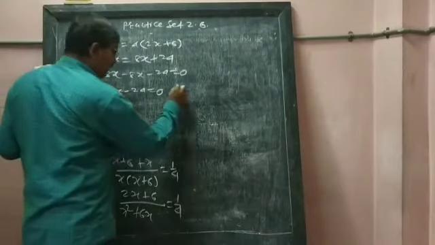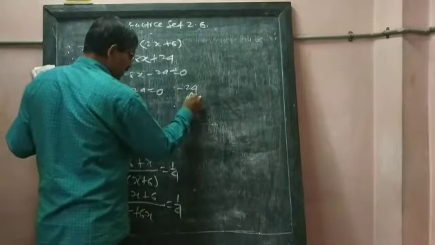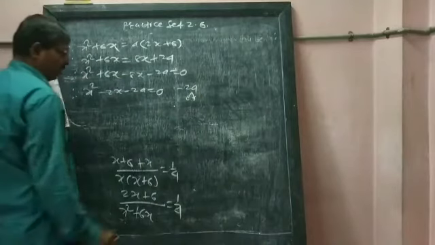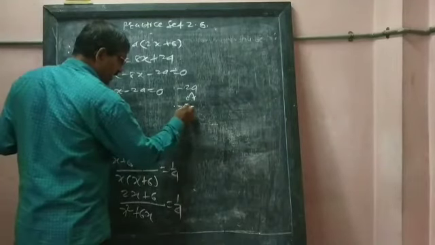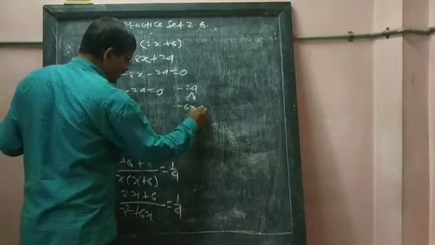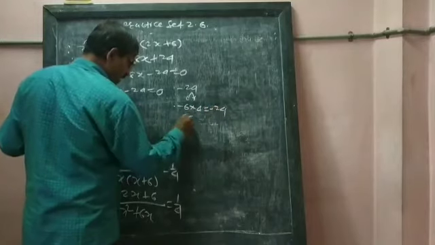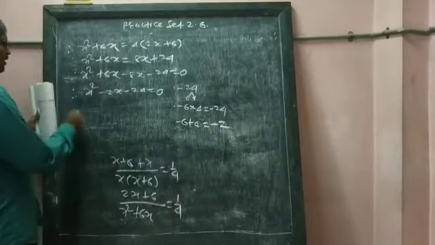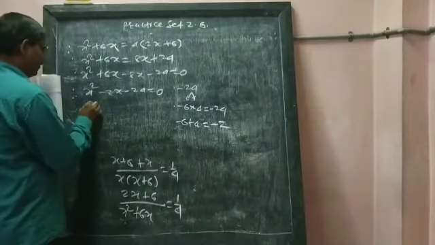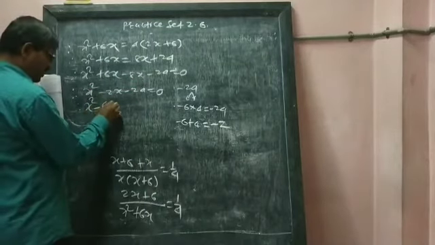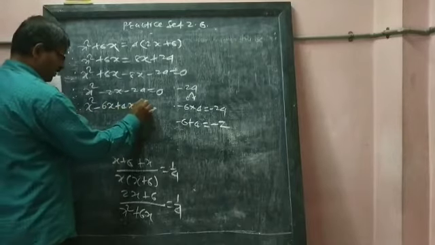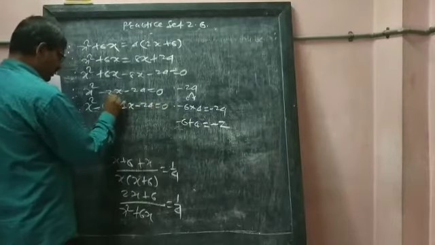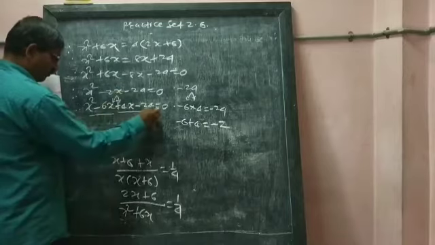The minus 24, we should split such that minus 6 into 4, 4 sixes are 24, minus 24, and minus 6 plus 4 you will get minus 2. Thus x square minus 6x plus 4x minus 24 is equal to 0.